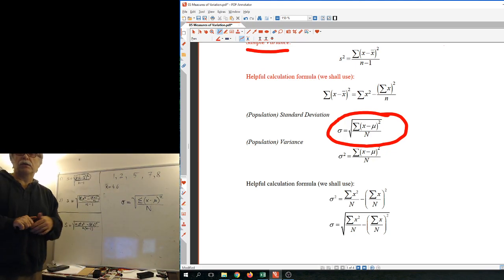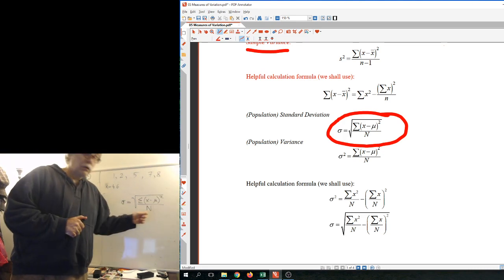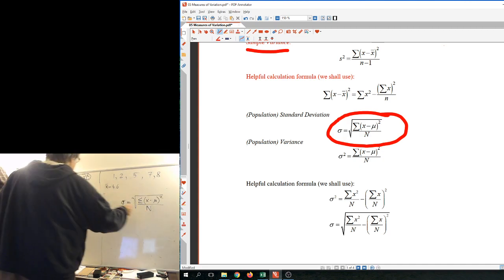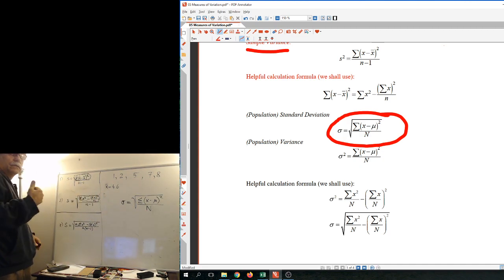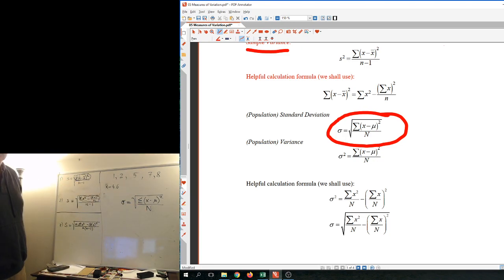We also use uppercase N for the size of the population, as opposed to lowercase n for the size of the sample. That's just a cosmetic difference, but this is a real difference here: n minus 1. In here 5, in here 4. That's a big difference.